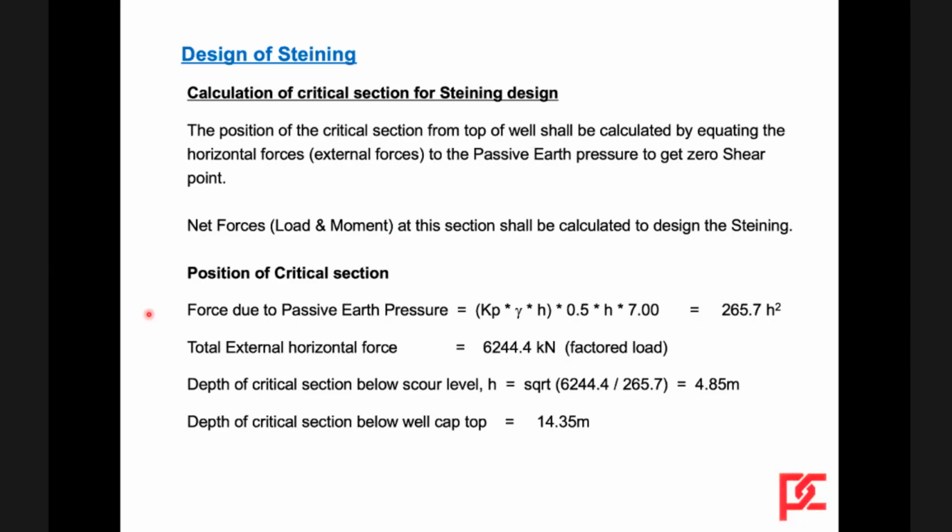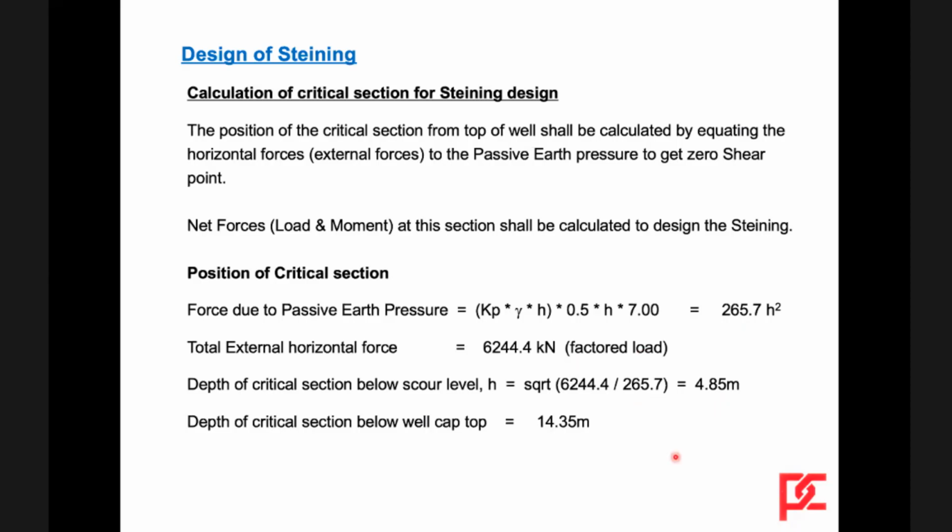Position of the critical section: force due to passive earth pressure is 265.7 h square. Total external horizontal force, factored, is 6,244. Design critical section below scour level, h, is equal to square root of this by 265, which comes to 4.85.